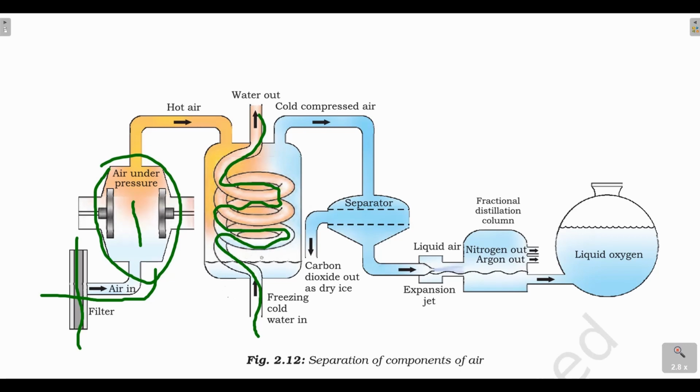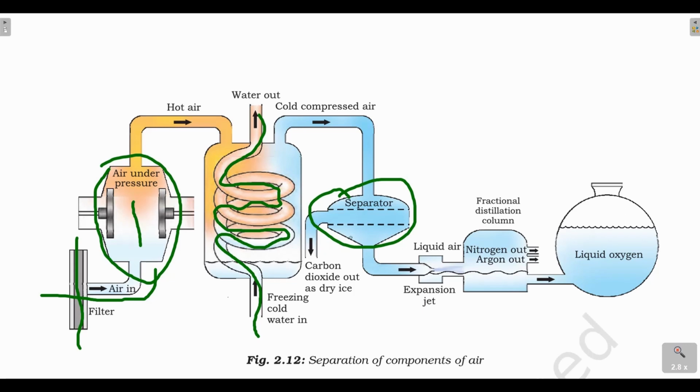Once this is cooled down, it becomes compressed air, and here a separator is connected. When the air is cooled down, carbon dioxide will not be converted to the liquid state. It is directly converted from the gaseous state to the solid state by the process of deposition.